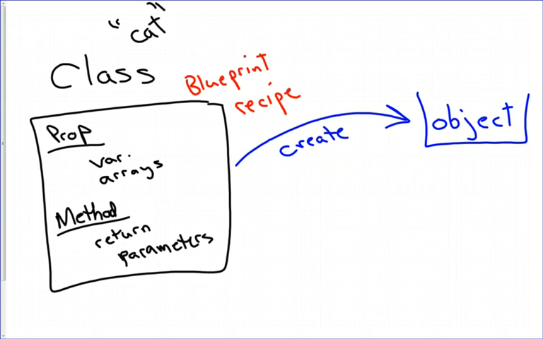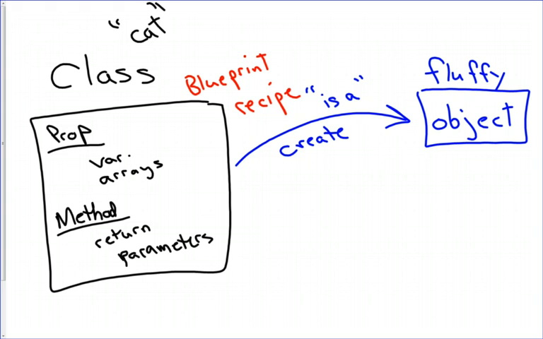An object is an instance of that class. So I could create a cat called Fluffy. Fluffy is a cat.